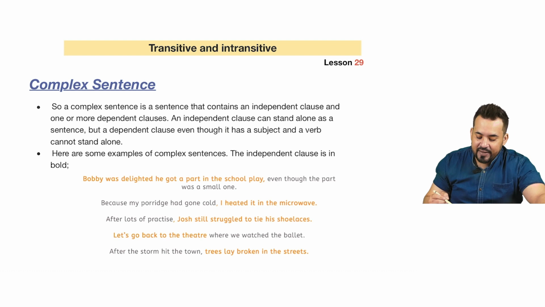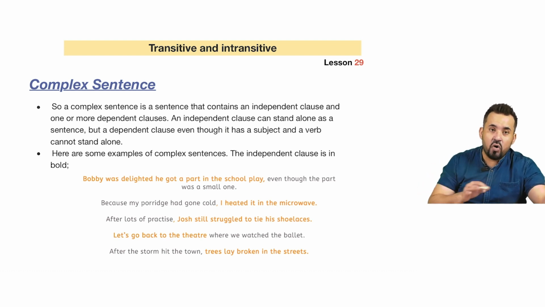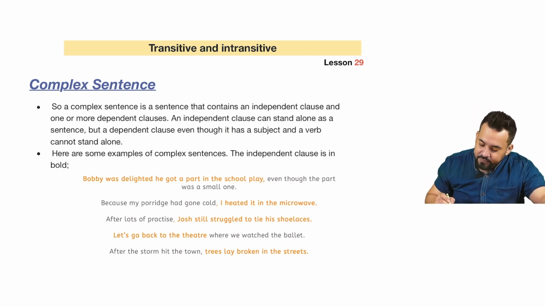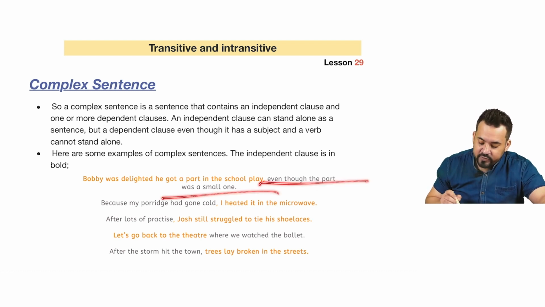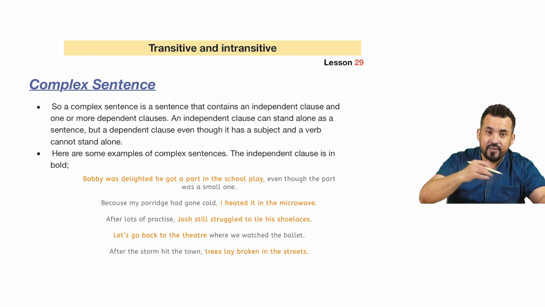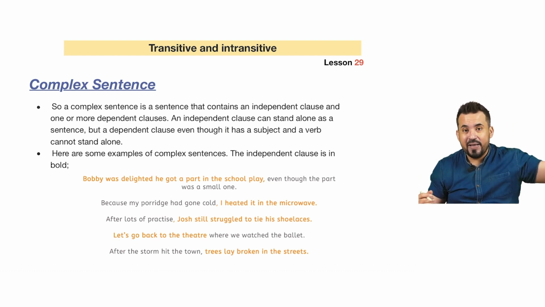Bobby was delighted he got a part in the school play, because this can stand on its own, and it is a perfect and complete sentence. But we have the dependent clause here that cannot stand on its own, because "even though the part was a small one," on its own it wouldn't make sense. So it will need to be connected to the independent clause.